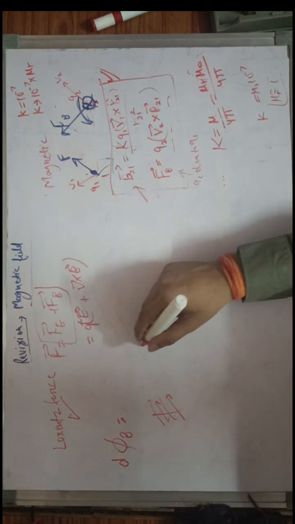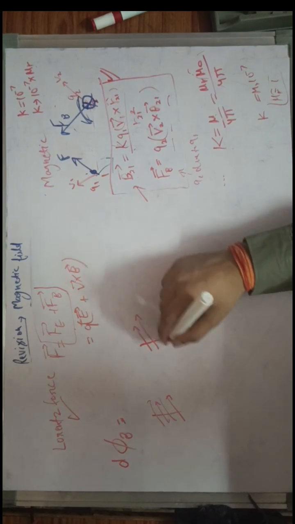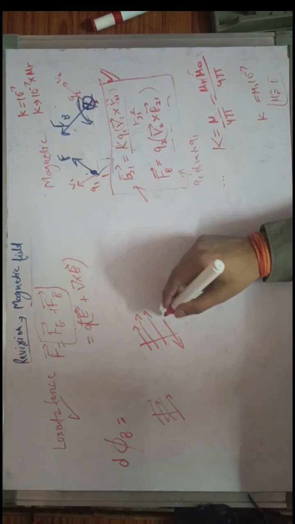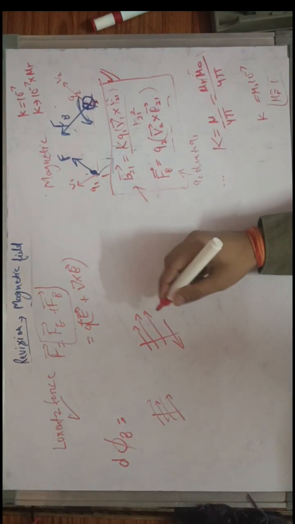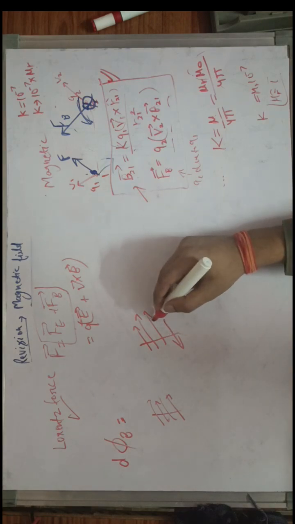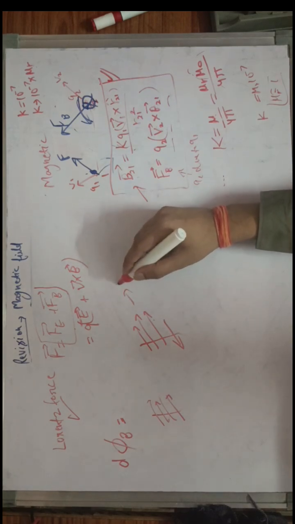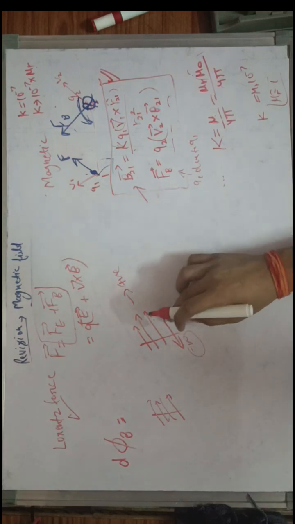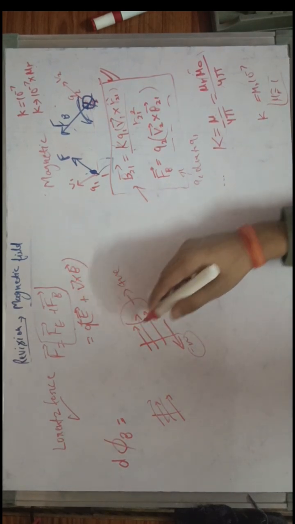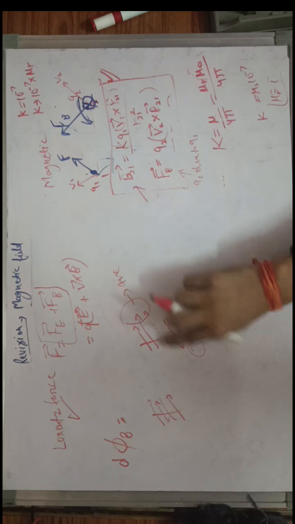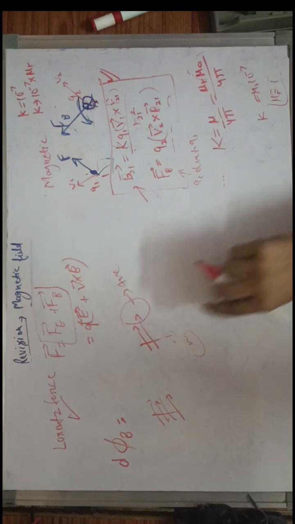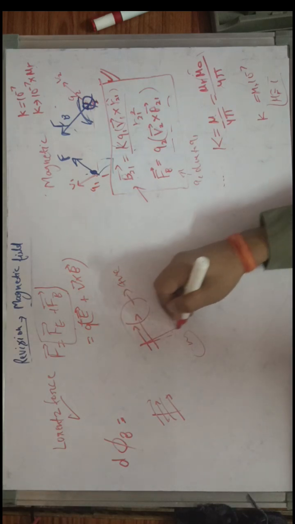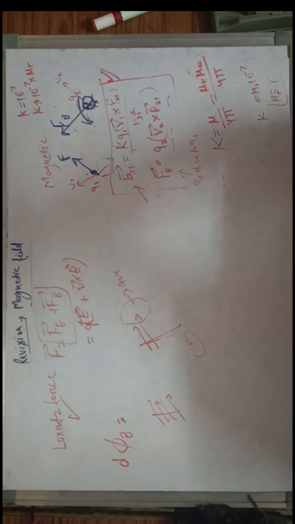Let's say some field lines pass in this direction and some pass in this direction. If this direction of passing is taken as positive, then the other will be negative. So this will give a negative flux and this will give a positive flux. So overall we get only two field lines passing through this area as net.